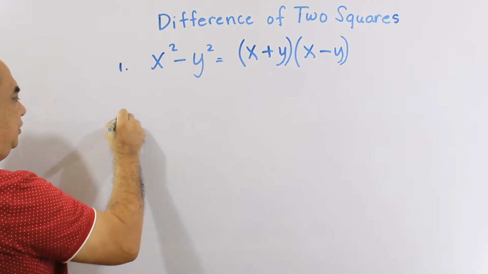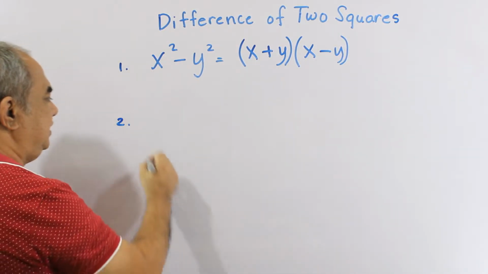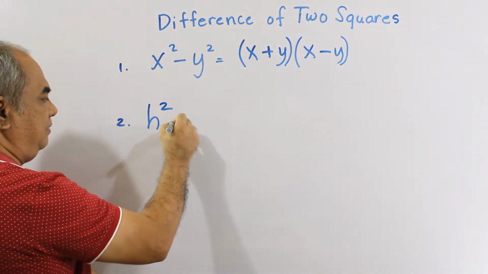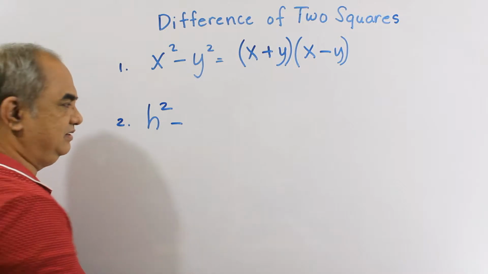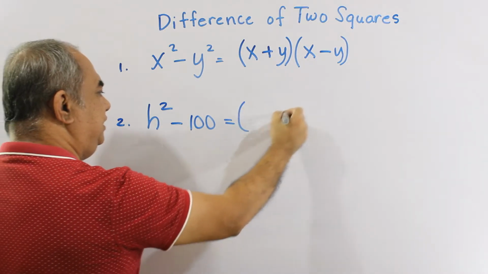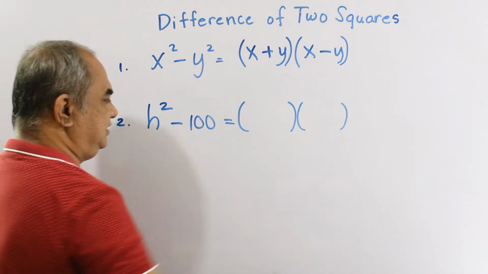Let's have another example, but this time, let's make it a little bit different from the first one. For our second example, let's say we have h squared, this time minus a constant. Okay, let's say 100. How do we get the factored form of this? Again, we have two parentheses here.